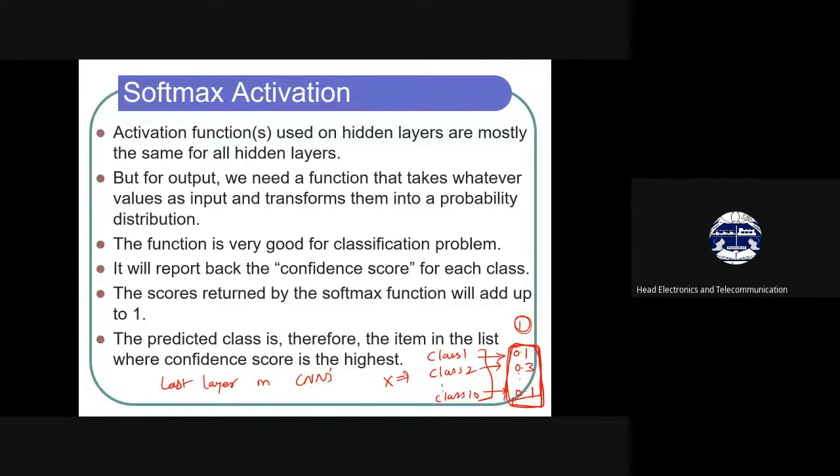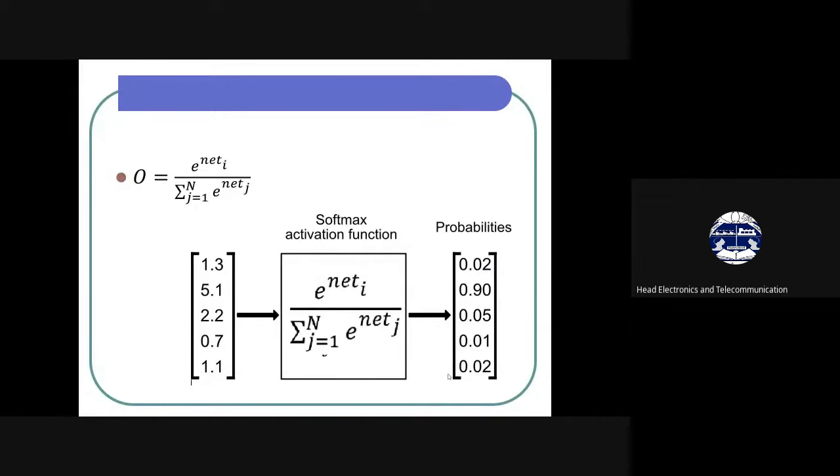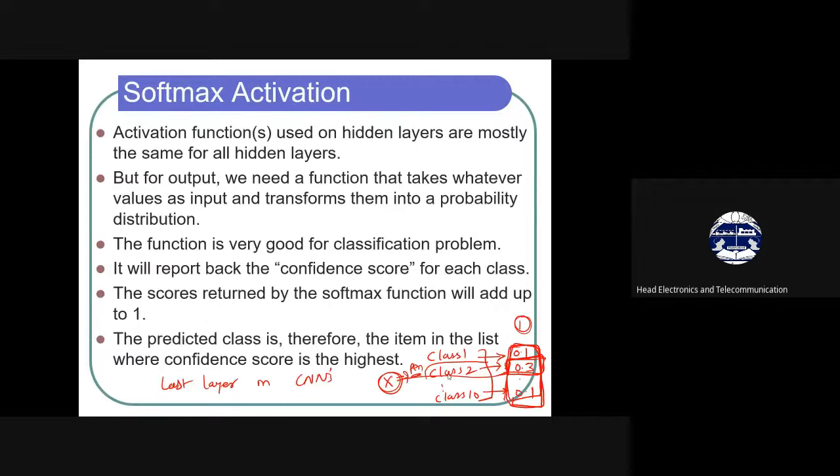Then the max number will give me information that this applied input maximally belongs to class 2. Suppose this represents pen, then I say, okay, this input feature X is a pen because its probability is highest. This can be done with the help of the Softmax activation.